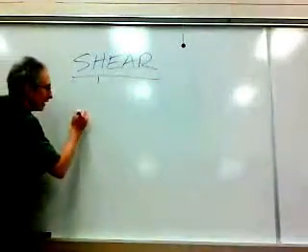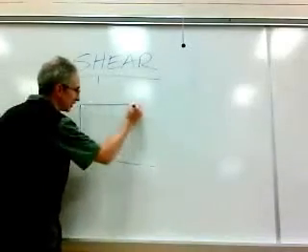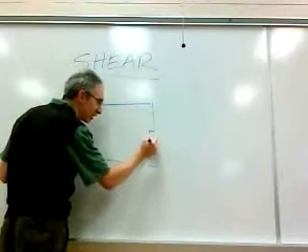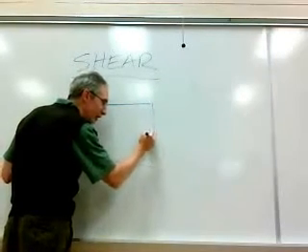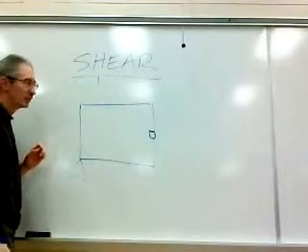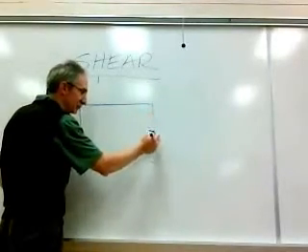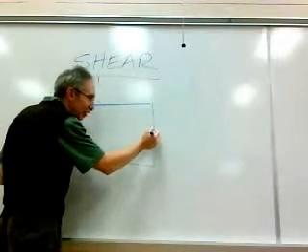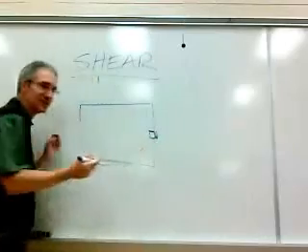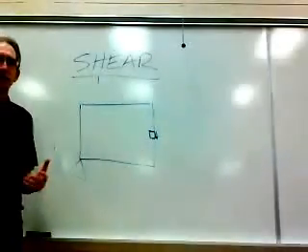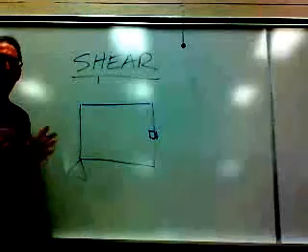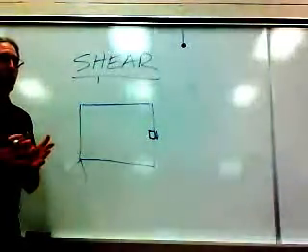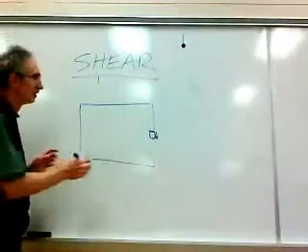If this was our beam, and we look at a little element of concrete, and I had 700 pounds up on this section, that little piece of concrete is going to have to resist a portion of that 700 pounds. There's going to be a shear stress developed, an incremental resistance to that shear.